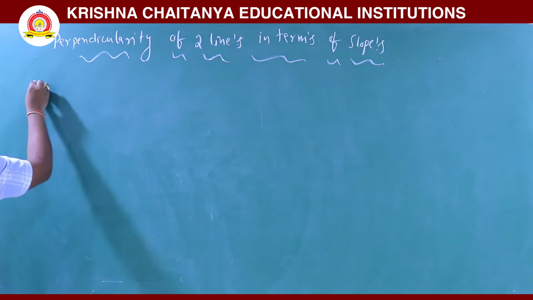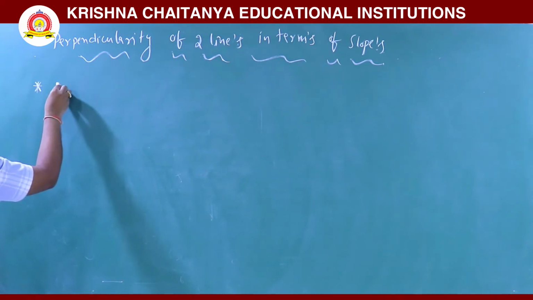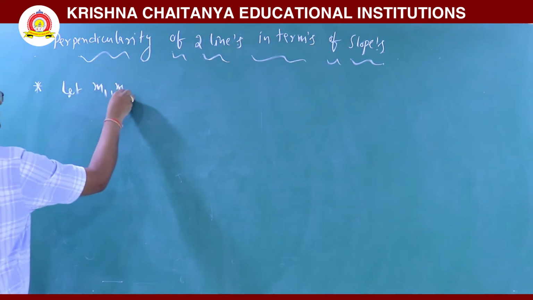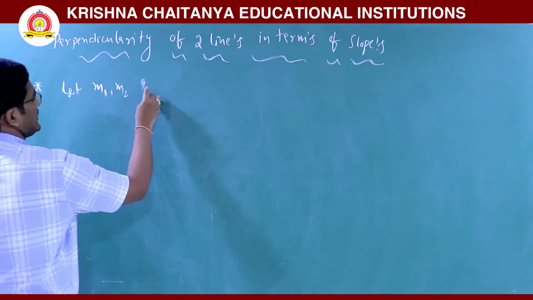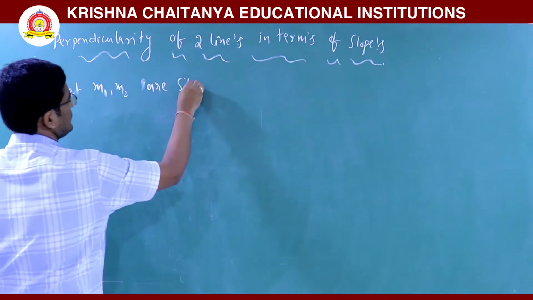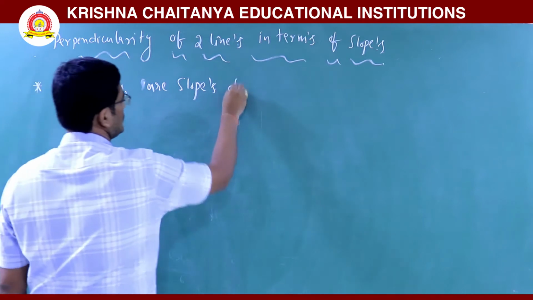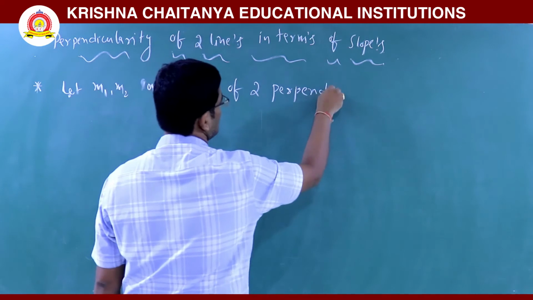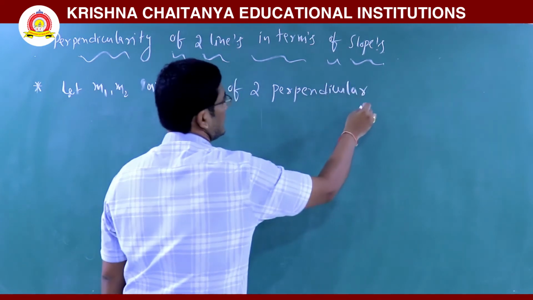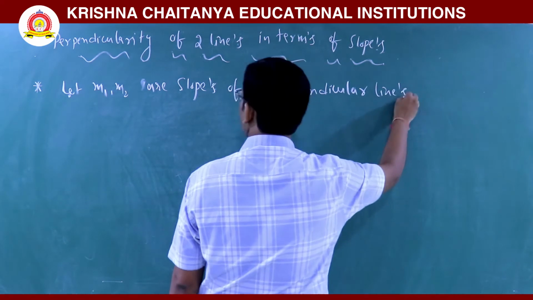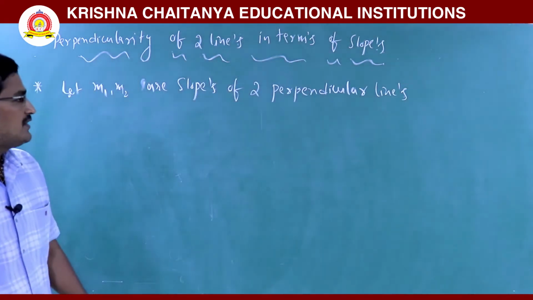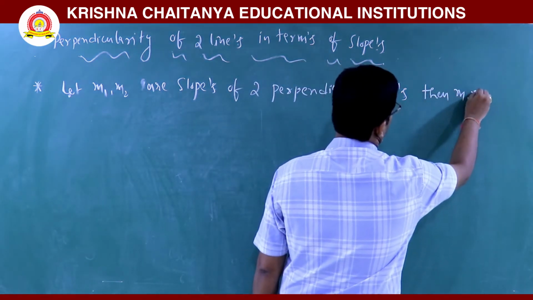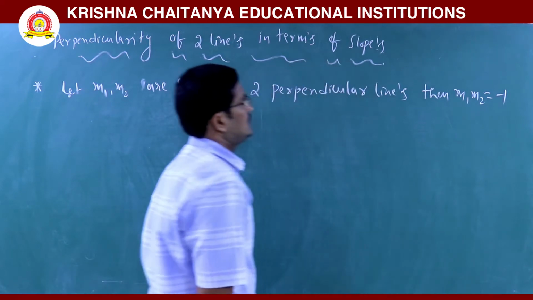Let m1, m2 be the slopes of two perpendicular lines, then m1 into m2 is equal to minus 1.